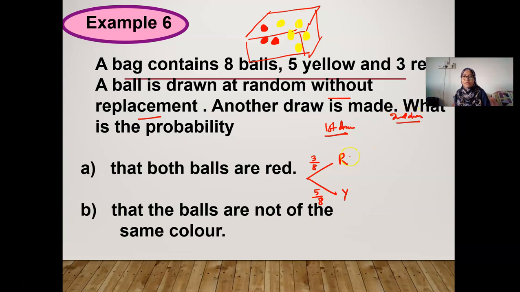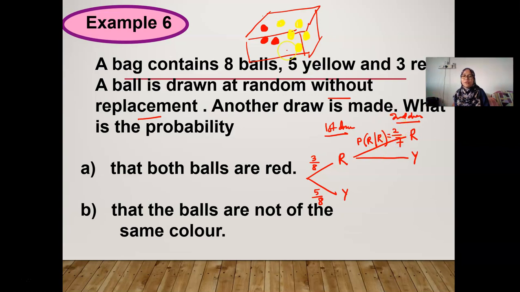Second draw, since you do not put it back, when you take out the first red ball, there are also 2 outcomes for the second draw. It is either a red ball or a yellow ball. But now, since in the first draw you already took out one red, the probability to get red, given that the first one is also red, is 2 over 7.